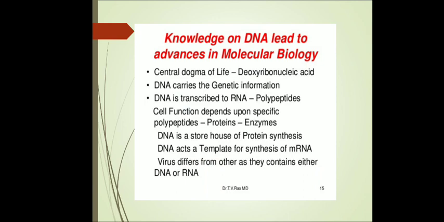The next process in the central dogma is the synthesis of protein from the RNA molecule, which is known as the translation process. Cell function depends on specific polypeptides and specific types of enzymes.